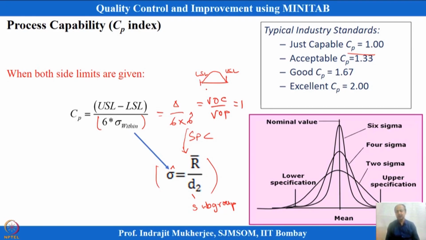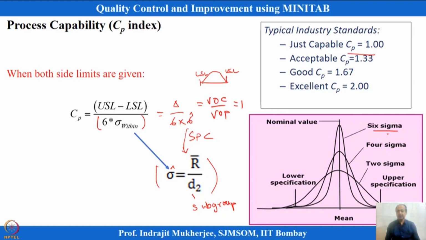If you have to improve that, you have to go to 1.33 and beyond for not so critical items, but if it is very critical, maybe we go to 1.67 or 2 as the process capability for a specific CTQ. We want to reach that level of capability. If it is a 6 sigma process, which is well known as the 6 sigma methodology, it is linked with a CP value of 2.